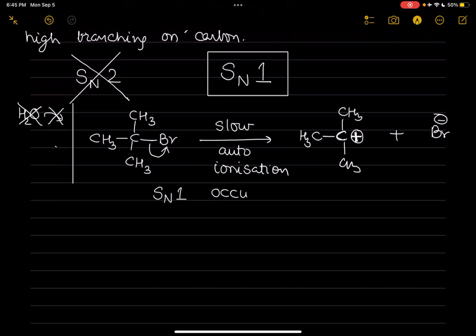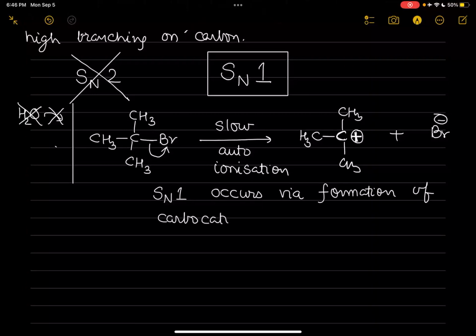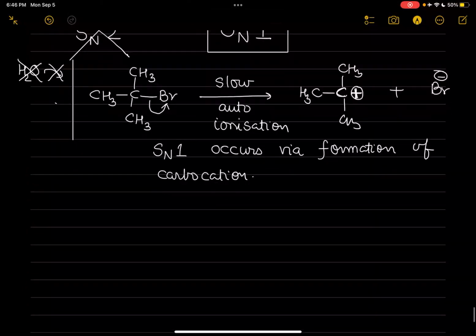It occurs via formation of carbocation. Anushka, is it clear?